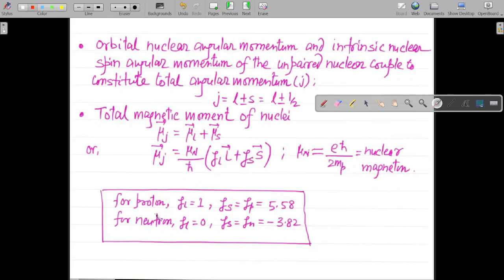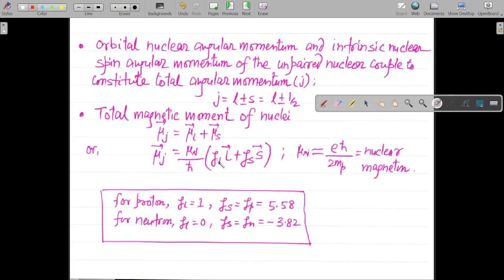Now the values of gL and gS for proton and neutron will be different. For proton, gL is equal to 1, and for neutron, gL is equal to 0.